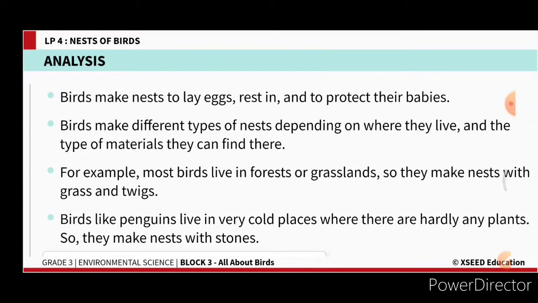For example, most birds live in forests or grasslands, so they make their nests with grass and twigs. Okay, what are twigs? Twigs are very small branches, very thin. Birds like penguins live in very cold places where there are hardly any plants, so they make nests with stones.